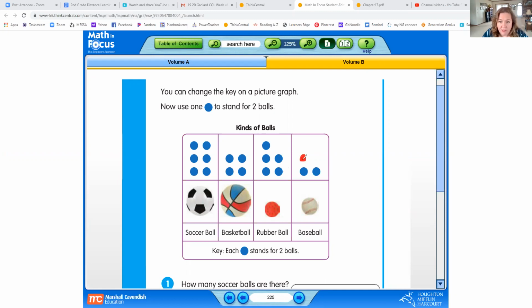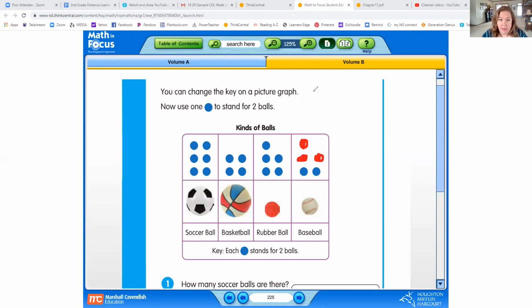So I want 5 circles here as well. We want the same amount of rubber balls and baseballs. Picture isn't great, but you got the idea. Okay, so I had to add 1, 2, 3 rubber balls, baseballs to equal the amount of rubber balls.